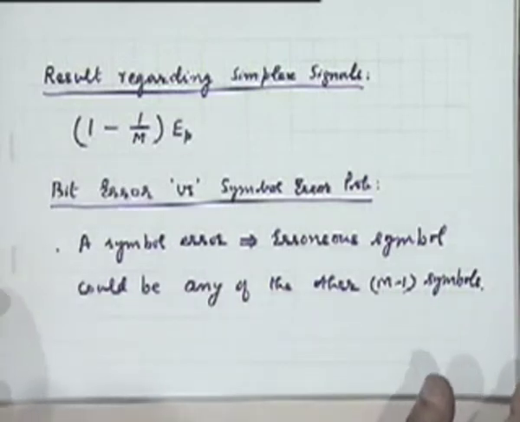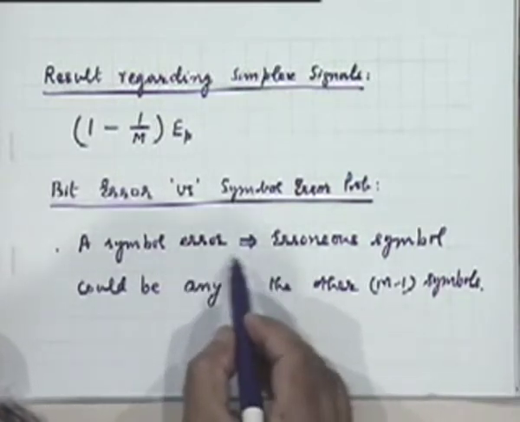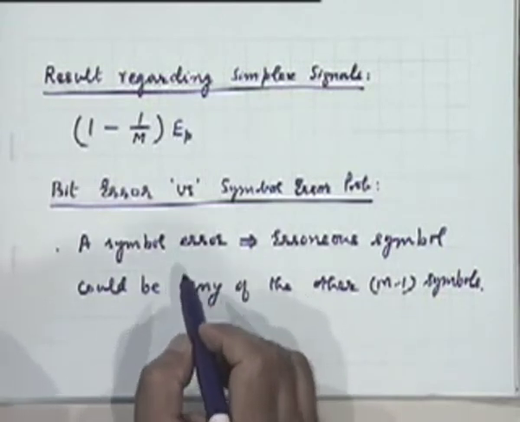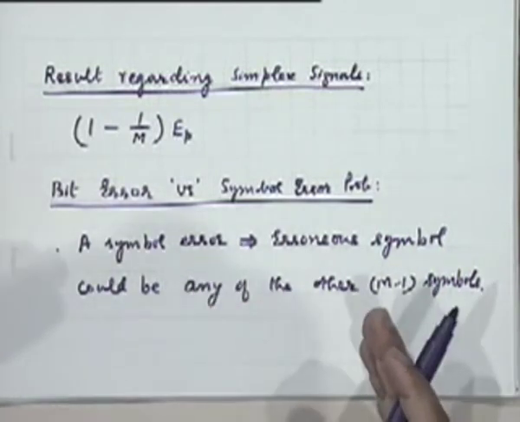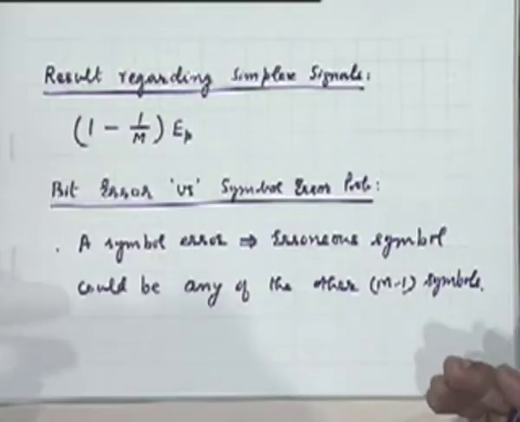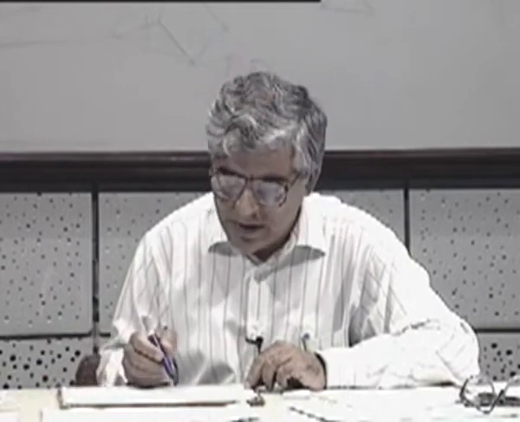Also, the probability of a particular symbol error is going to be the same no matter which symbol I consider. Whether I consider the index m equal to 0 as the true index, or m equal to 1 as the true index, or so on, this symbol error probability is going to be the same because all the waveforms are symmetrically placed with respect to each other in the signal space.